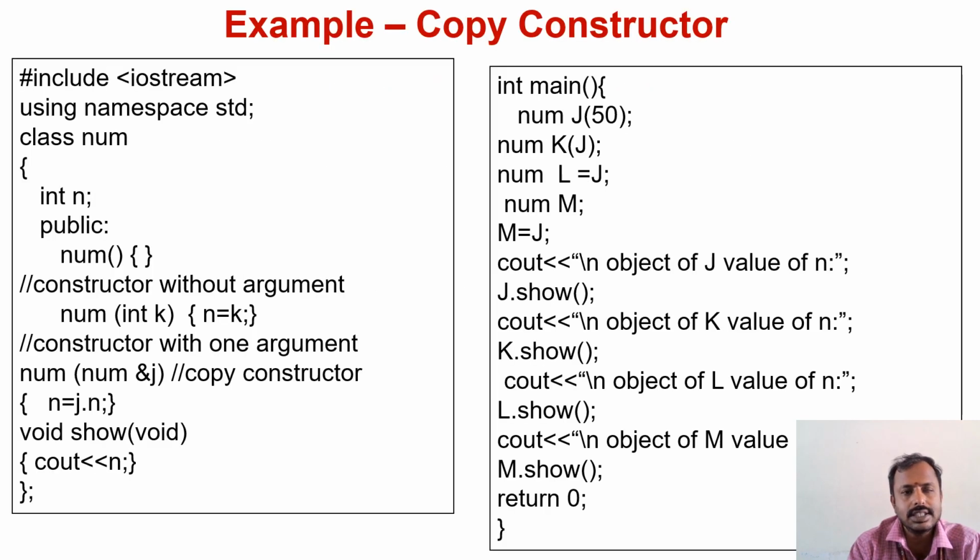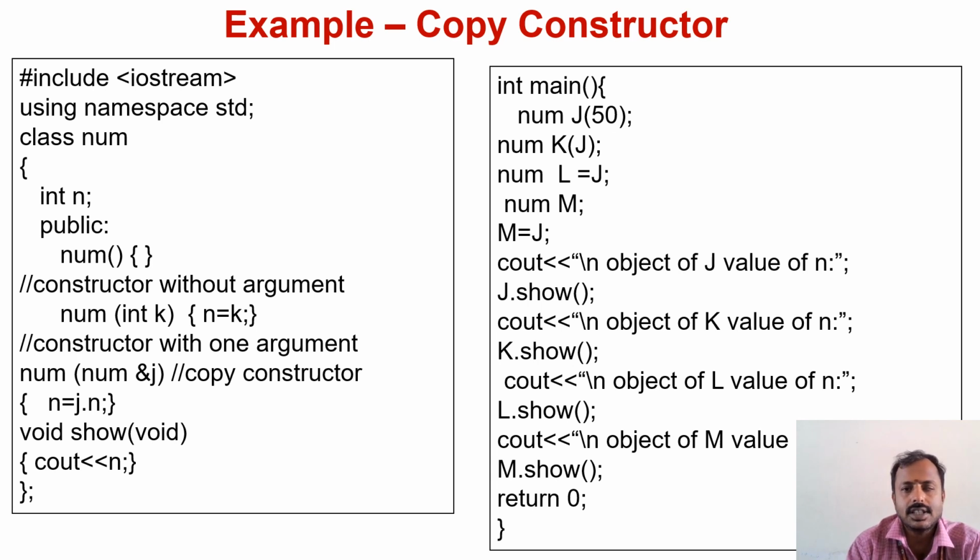We can see in this example, I have a class num. It has a public data member n and constructors. This is the default constructor, this is a constructor with an argument, and I do have another constructor which is a copy constructor. I send the address of an already existing object by using the symbol ampersand, and I have another member function show which is used to display the results.